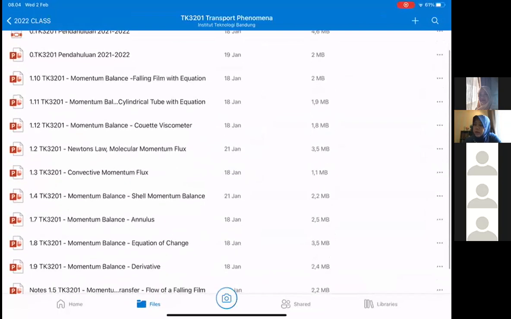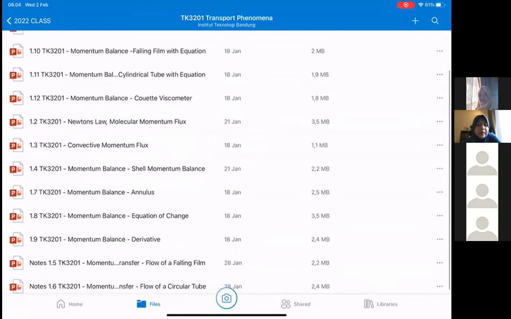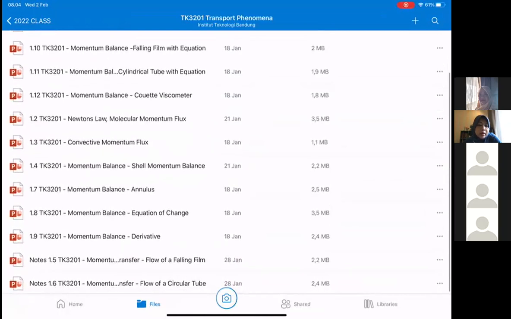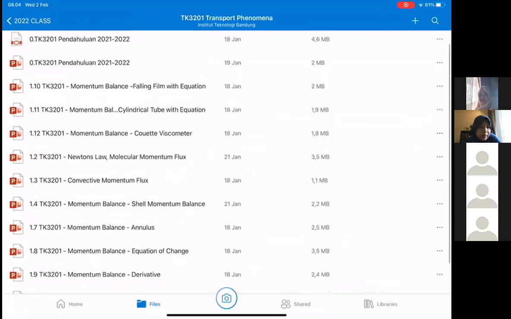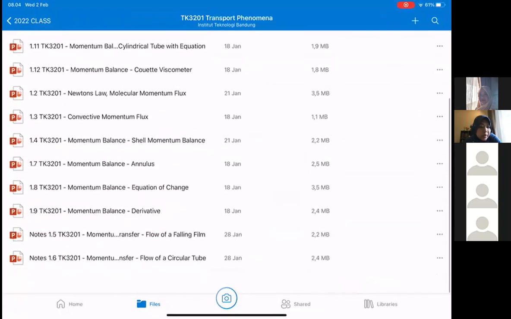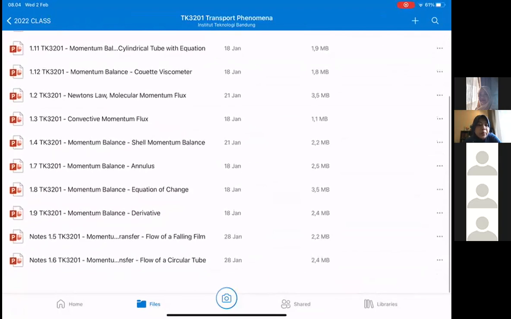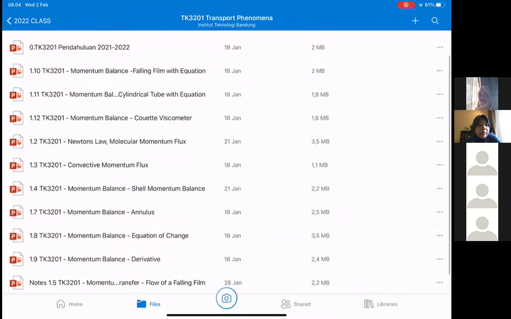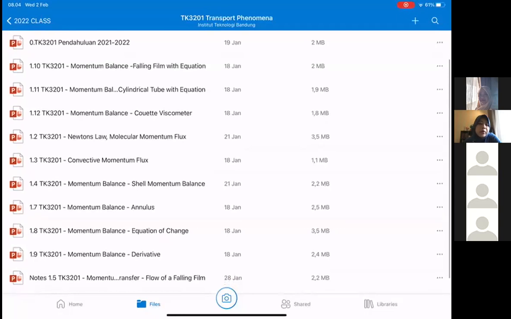Okay, so basically we've done 1.2, Newton's law, and after that the convective momentum flux, and then last week we learned about the shell momentum balance and also falling film, and then 1.6 is about flow in a circular tube, and one more is about annulus.